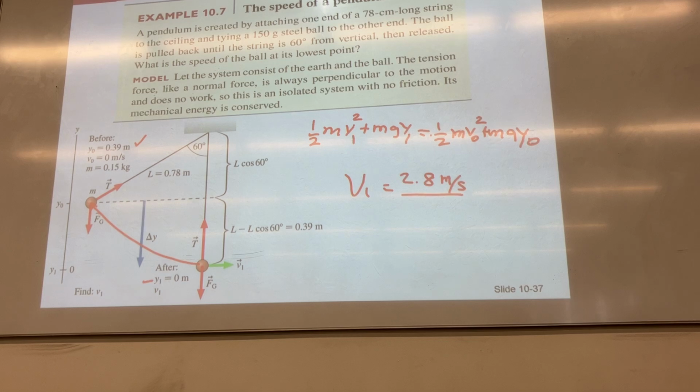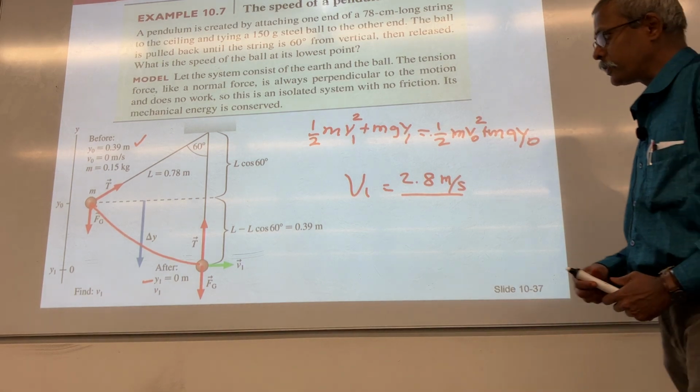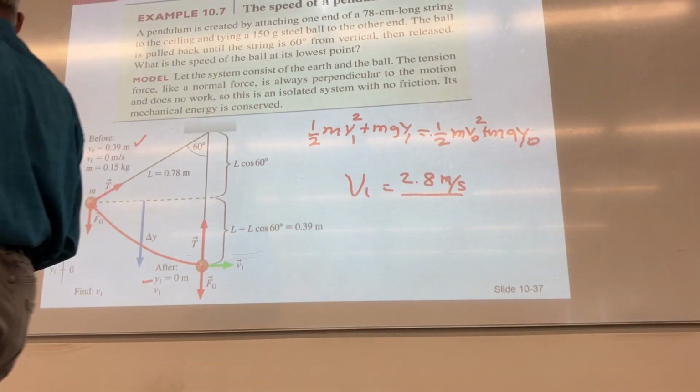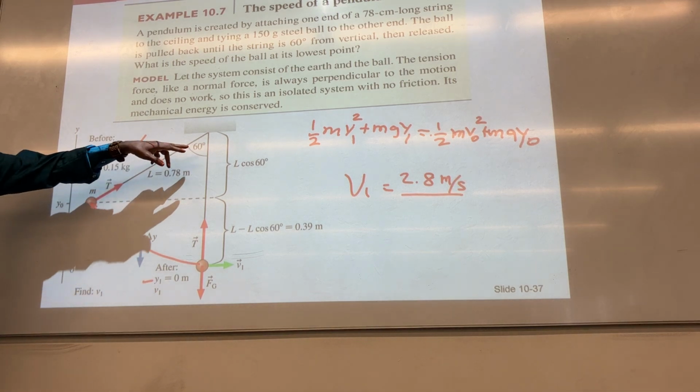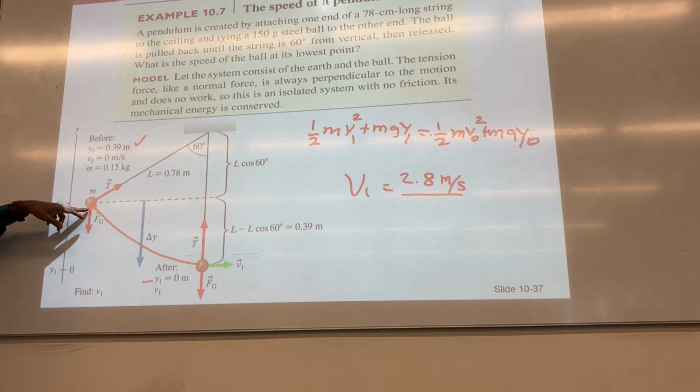Okay. Sorry for the writing here, but I want you to take a piece of paper and start working on it. I'll tell you this problem, and we'll try to get the answer. This is a pendulum. The pendulum is created by attaching one end to the ceiling.